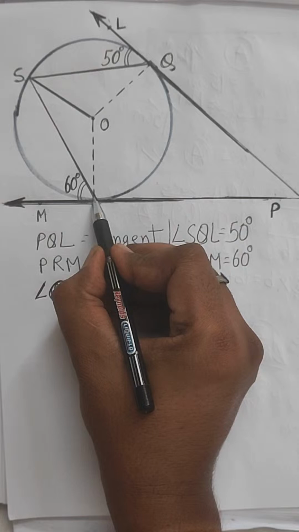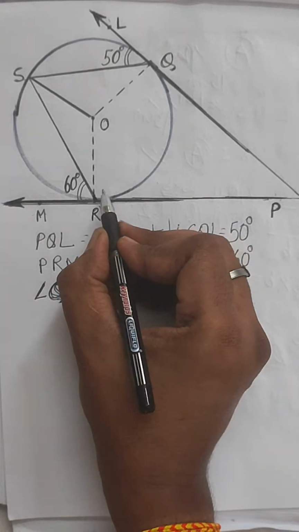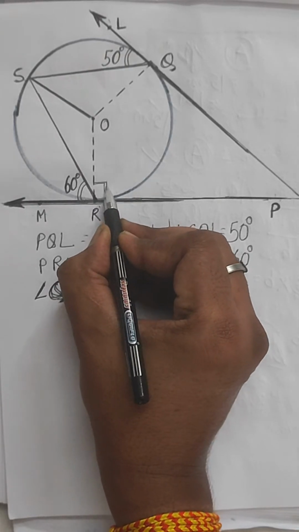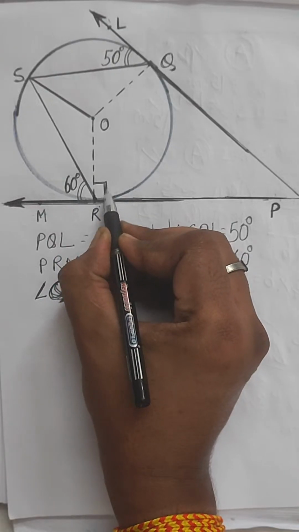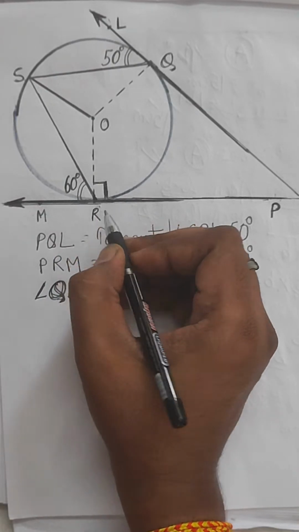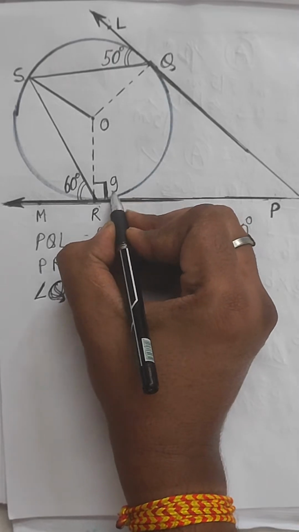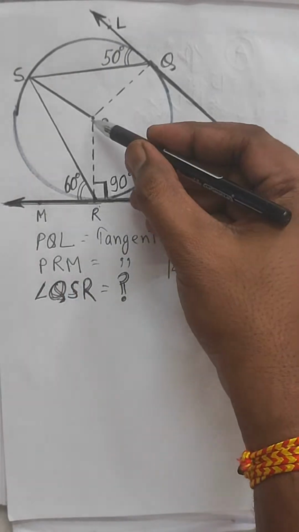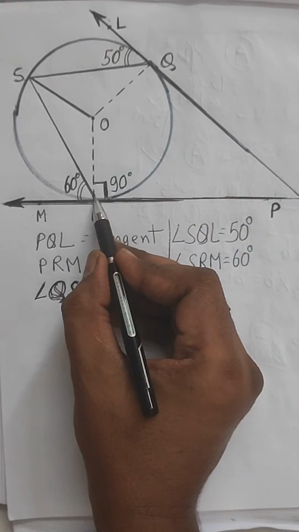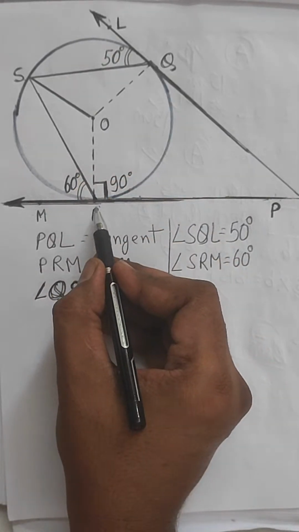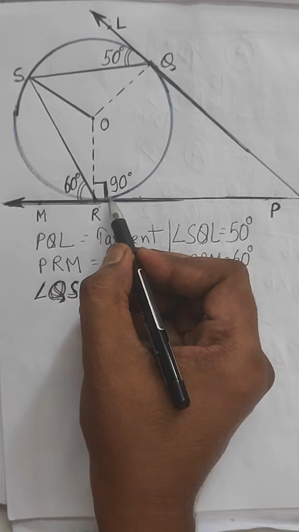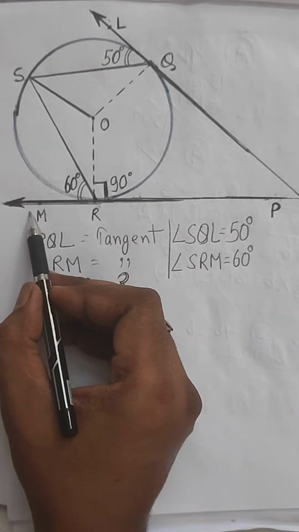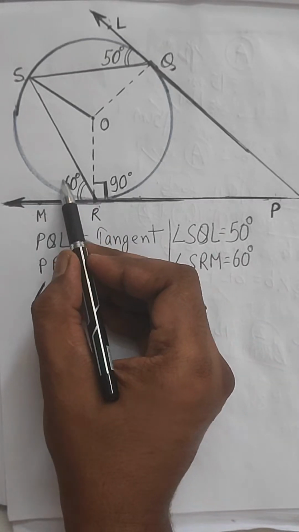Since you know the property of a tangent, when a tangent touches the circle, at the point of contact it makes an angle of 90 degree with the radius, right? So the angle formed between the radius and tangent is 90 degree. Being PRM a tangent and a straight line, if this is 90, another angle is also 90 degree.